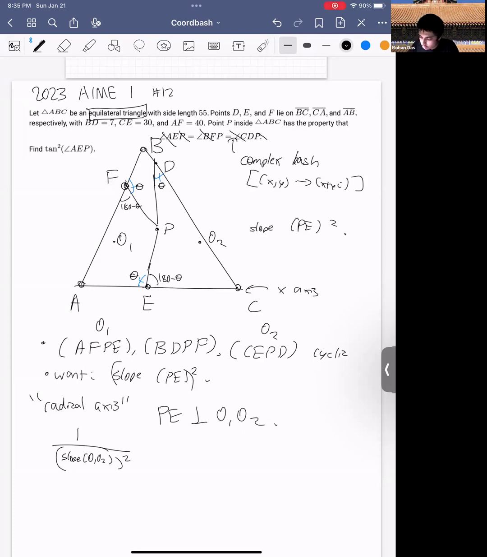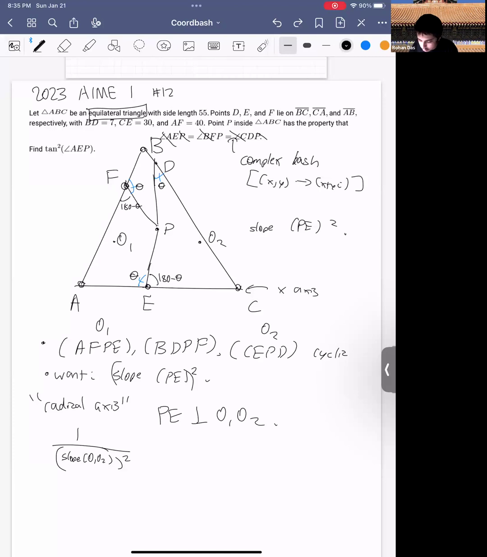And another thing that was fatal about the complex bash I wasted way too much time on during contest was that the way I tried to go about it was to introduce a variable P, write out these conditions in terms of P, and try to solve the system of equations to determine what this point P actually is. So we do not want to do that because, as I mentioned before, adding new variables increases the complexity of the values by too much.